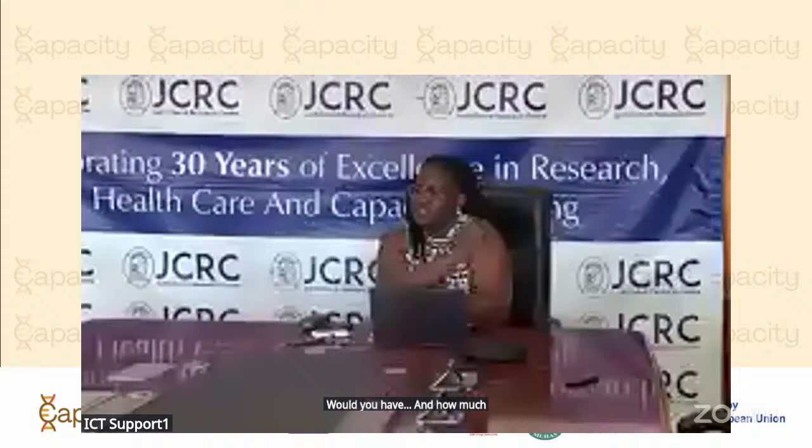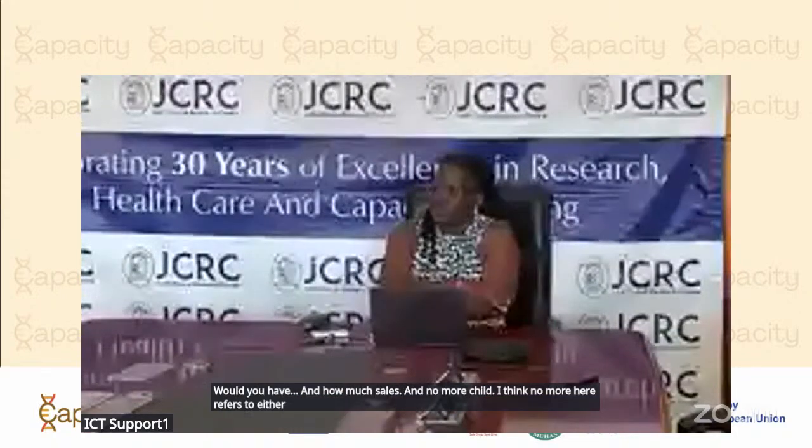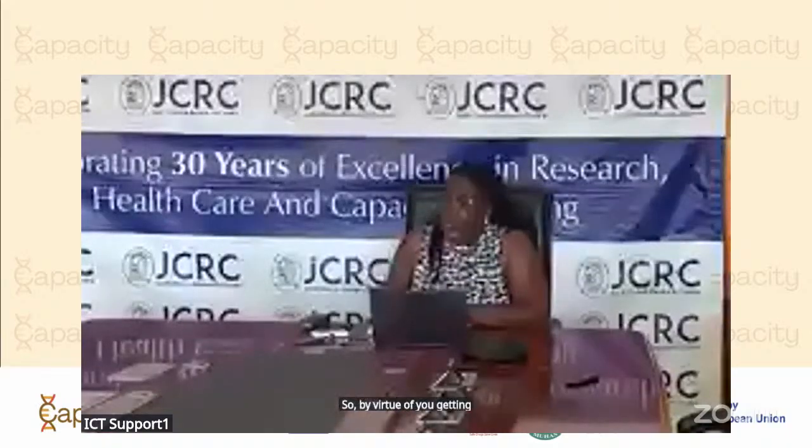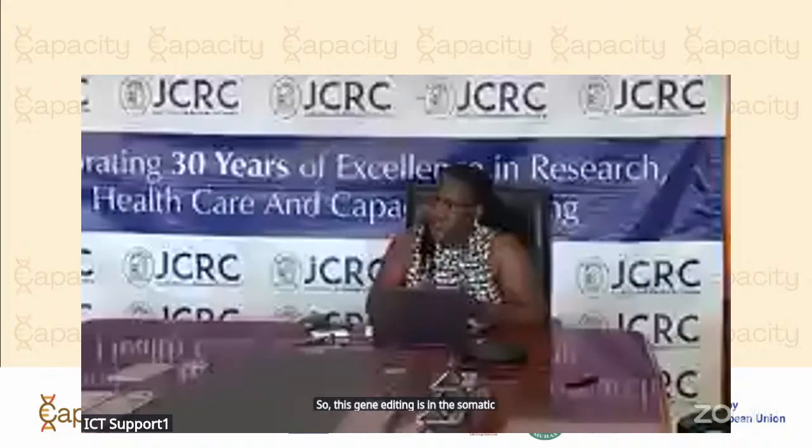A normal child. I think normal here refers to either having a configuration of AA or AS. So by virtue of you getting gene therapy, we do not change the germline. So this gene editing is in the somatic cells.